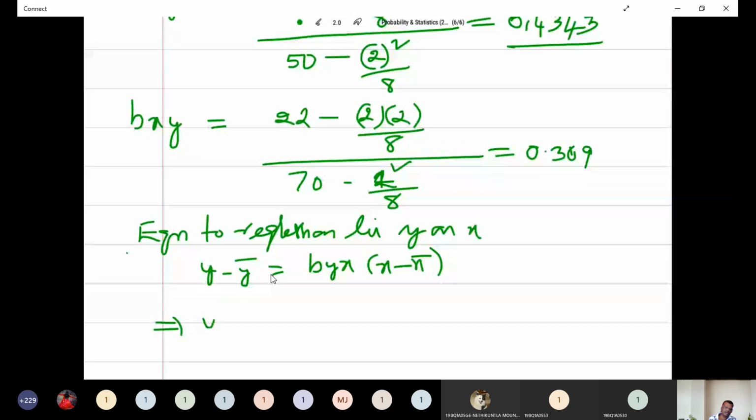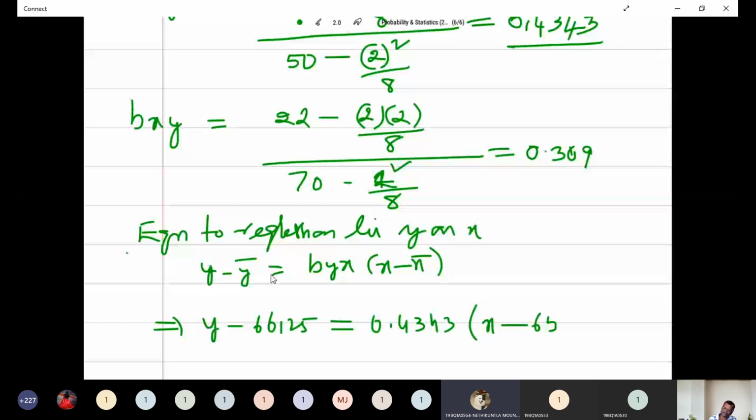Here, y bar is the original mean, not the assumed mean. What is the original y bar? 66.25. So y minus 66.25 is equal to the regression coefficient y on x, 0.4343, into x minus x bar, the original mean of the x series, 65.25.